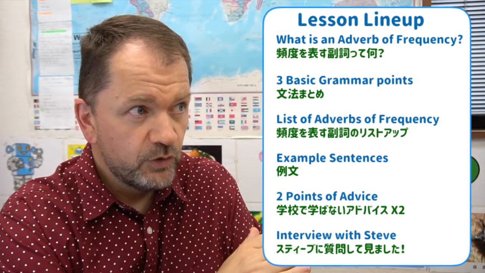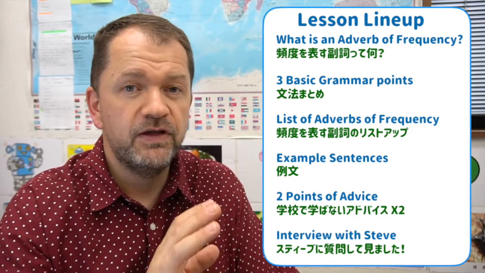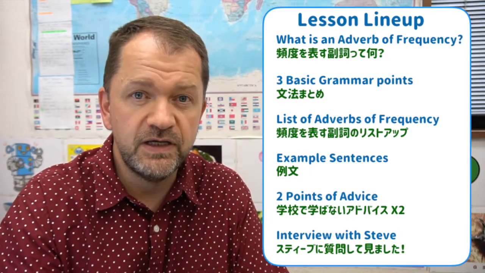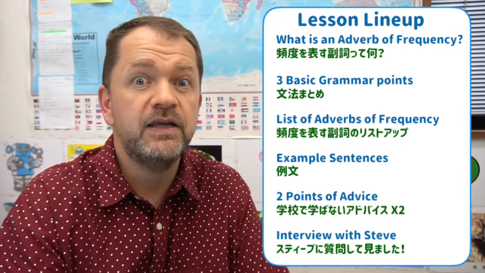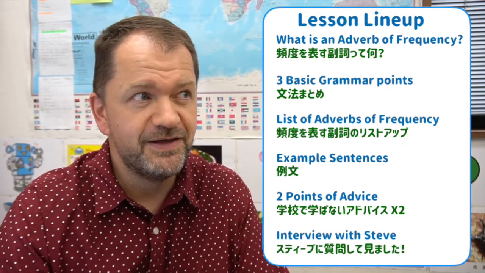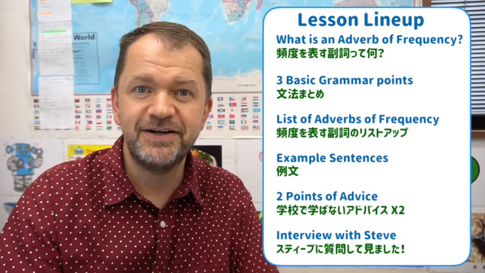After that, we will have 2 points of advice. And to finish with today, we're going to have a little interview with Steve where I ask him 10 questions to see how he answers them using these adverbs of frequency. Okay, let's get started.